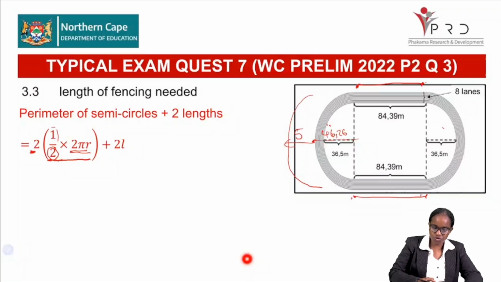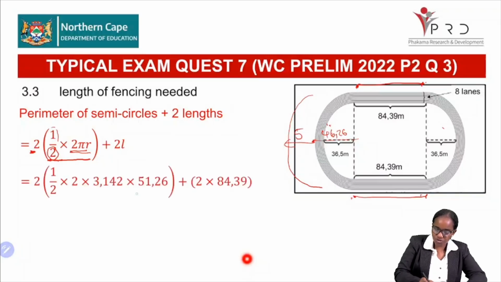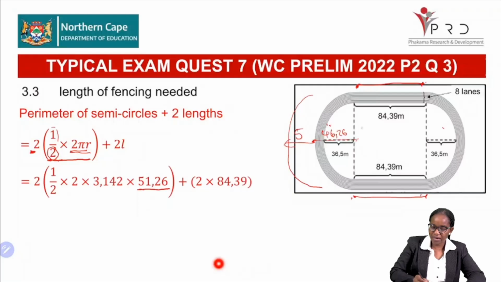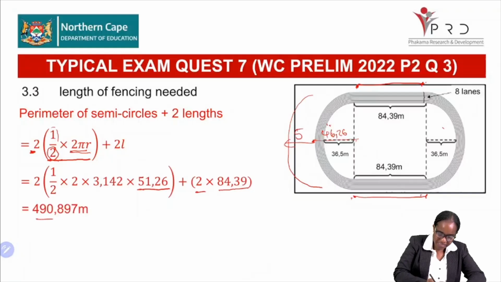Then we substitute. When we substitute, remember we said our radius now will be 46,26 plus 5 meters, plus these 2 lengths, 84,39 times 2. The perimeter of the fence, therefore, will be 490,897 meters.